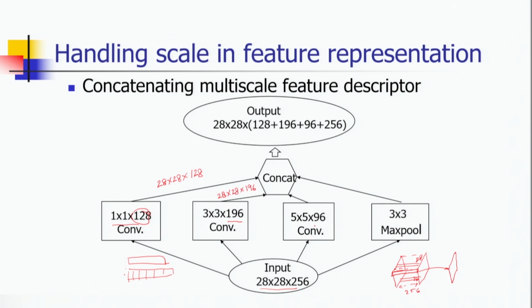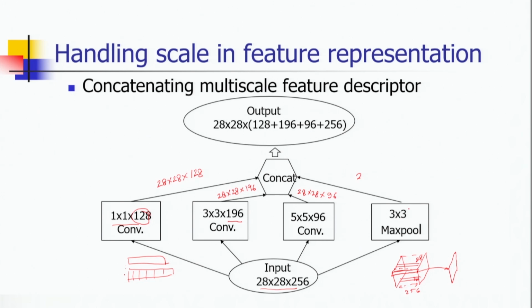Then we have similarly 5 cross 5 cross 96. In the same way, we are getting 28 cross 28 cross 96 channels. And this is 3 cross 3 max pool, which will keep the size the same, with stride 1.